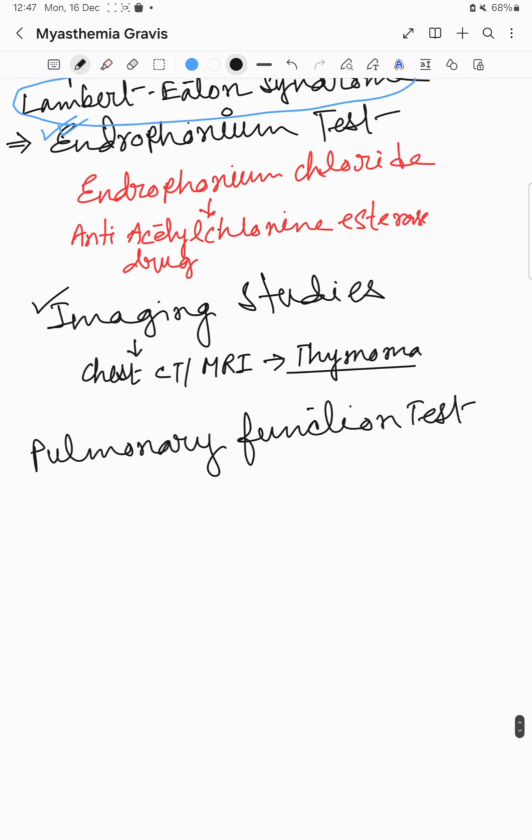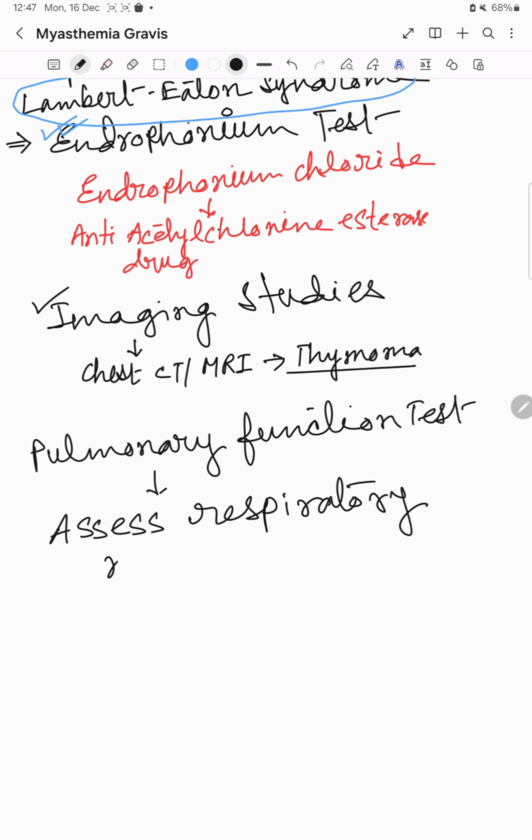Pulmonary function tests: we also assess respiratory muscle strength by pulmonary function tests, especially in cases where respiratory muscle involvement is suspected.